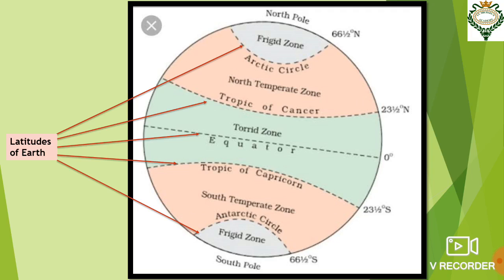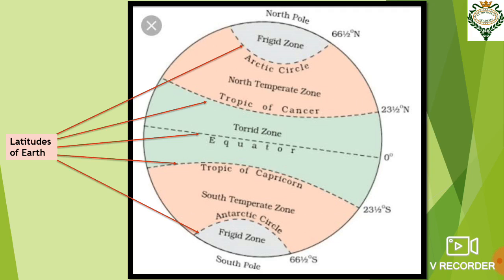What are temperate zones? This zone lies between Tropic of Cancer and the Arctic Circle in the northern hemisphere and the Tropic of Capricorn and the Antarctic Circle in the southern hemisphere.